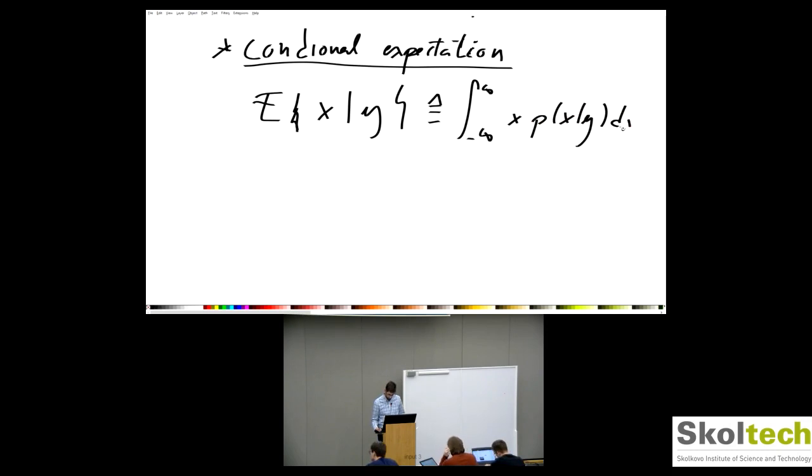It's important because you see a lot of people writing the expectations directly, and you need to know exactly what they are talking about, exactly the expectation with respect to which distribution. In this case we're writing this, but there are other ways of representing it. Some people just write x here, but these are other conventions, so we'll follow this one.